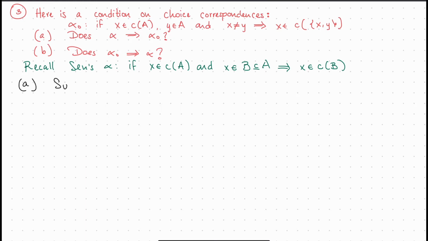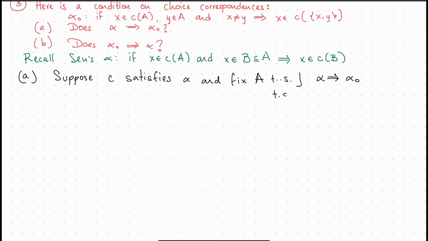So suppose C satisfies alpha and fix A. What we want to show here is that alpha implies alpha 0.